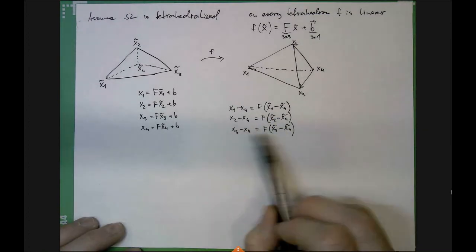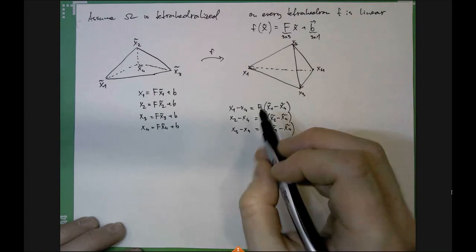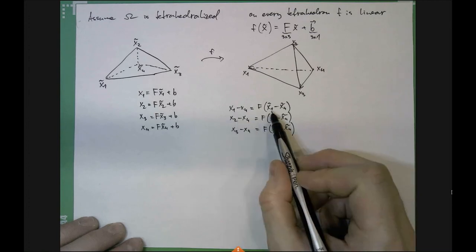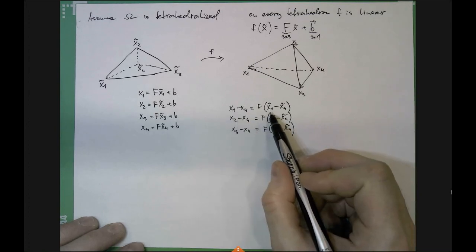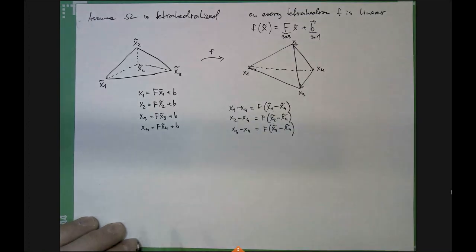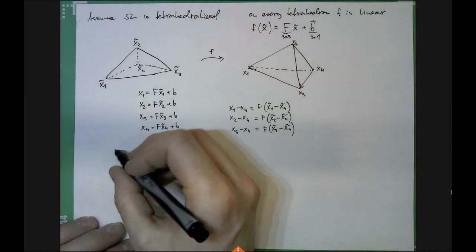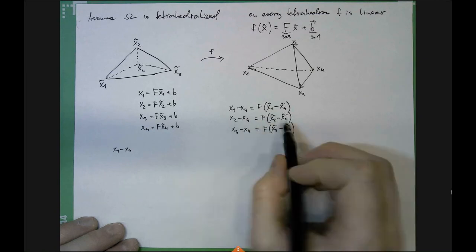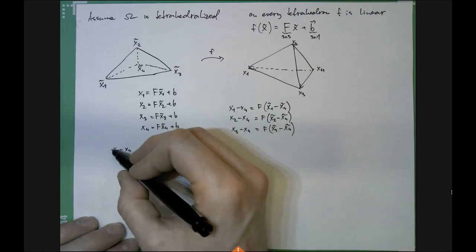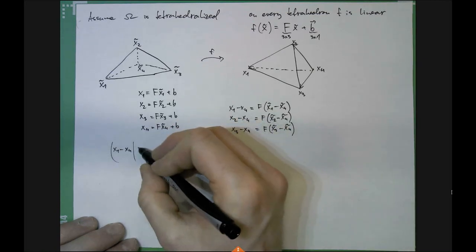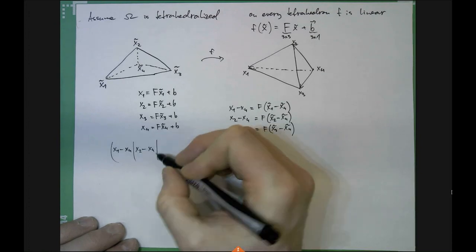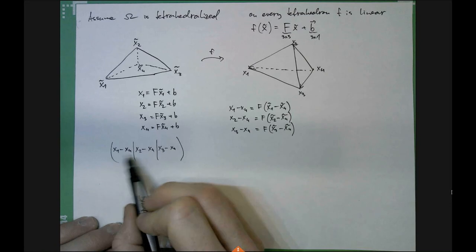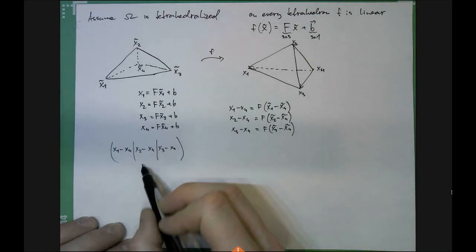So now observe this. These are all vectors, right? Both the x's and the x tildes are 3×1 vectors, so I can put it all together into one nice matrix formulation. I can rewrite these equations using one matrix equality, like this. So that means I take these vectors and put them as columns into this matrix.